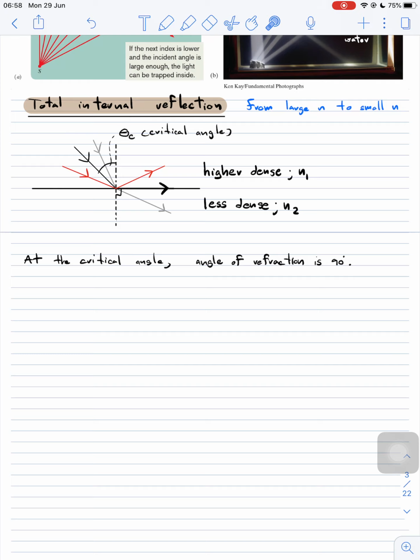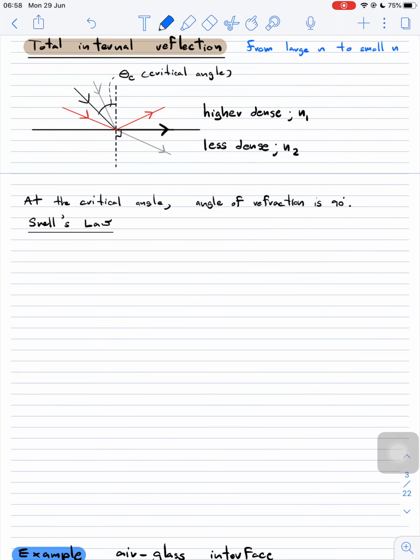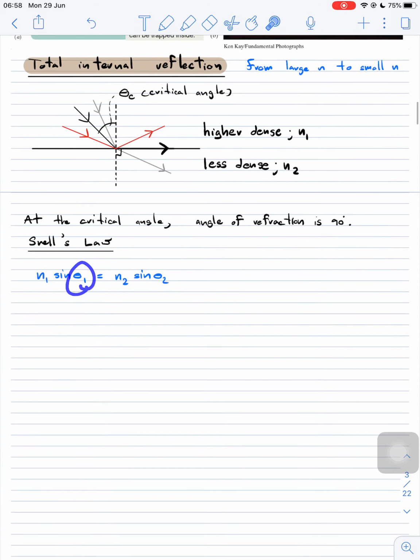Now we need to find an equation to find this critical angle in terms of n1 and n2. Let's start from Snell's law, the law of refraction. Snell's law says that n1 times sine theta 1 equals n2 times sine theta 2, where theta 1 is the incident angle and theta 2 is the refracted angle.